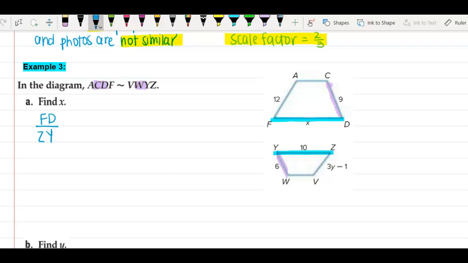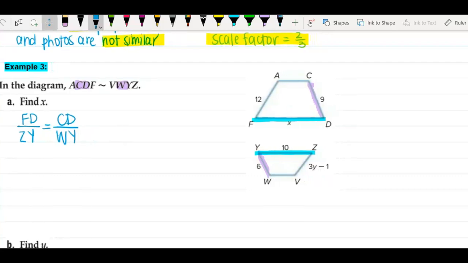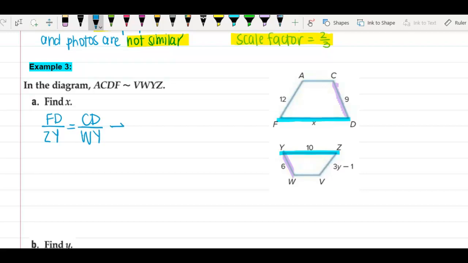So I said FD, so I'm going to say CD, and that's going to go with WY. Once I have my proportion set up, I'm just going to plug in the values. So FD is labeled with X, ZY is 10, CD is 9, and WY is 6.